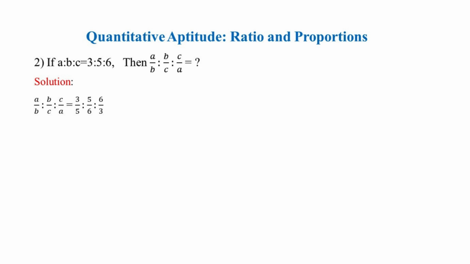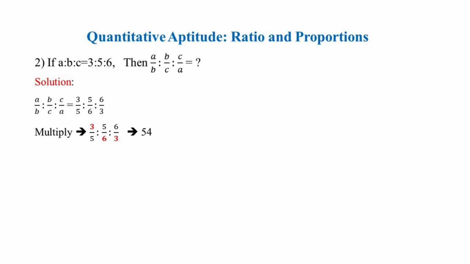So we have substituted. In the next step we have to multiply the first numerator into the second denominator and the third denominator. So we have to do 3 multiplications over here. If you are multiplying the first numerator, then the remaining 2 fractions we need to multiply the denominators.